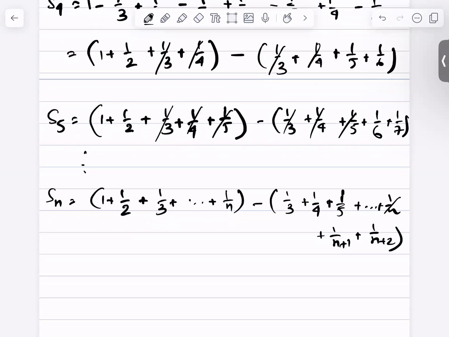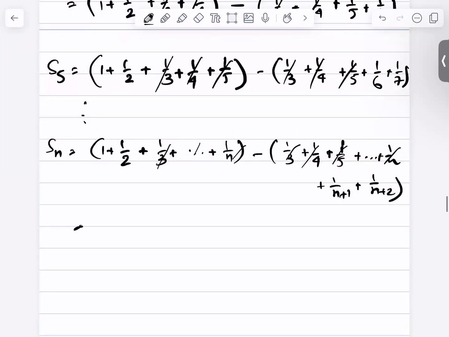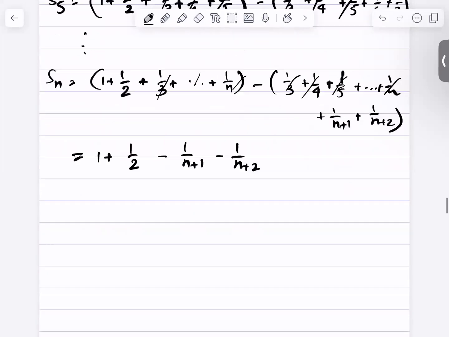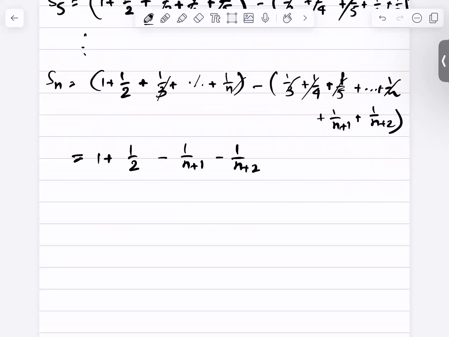So now there will be cancellation with all of these terms. So for the nth sum, the remaining terms are 1 plus 1 over 2 minus 1 over n plus 1 minus 1 over n plus 2. Okay. So if I consider the first n terms and sum them in the series, then I'll get this.